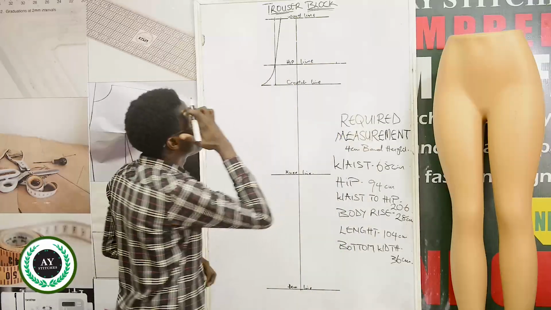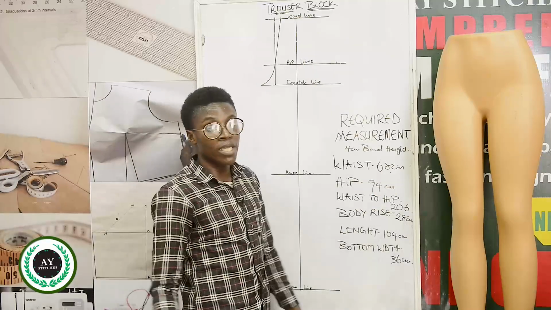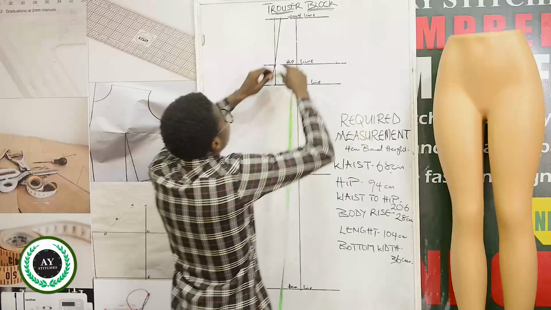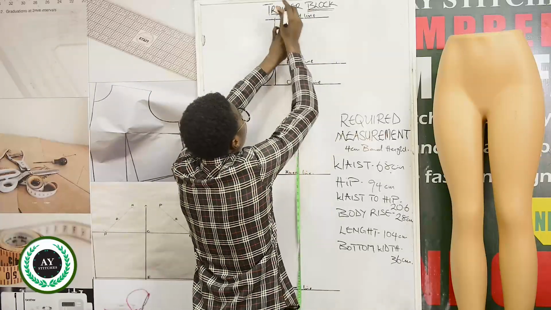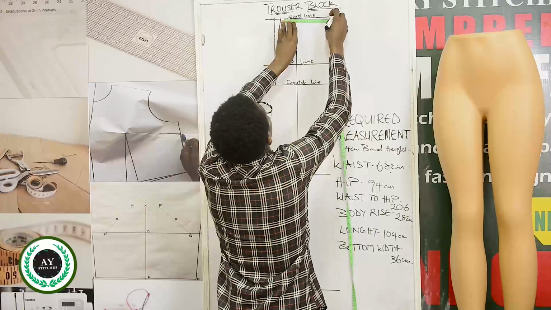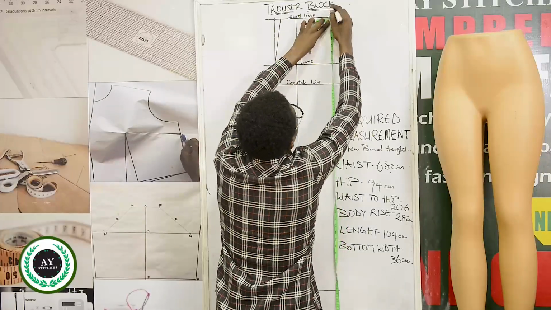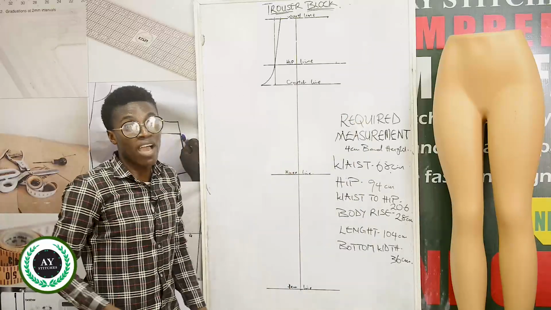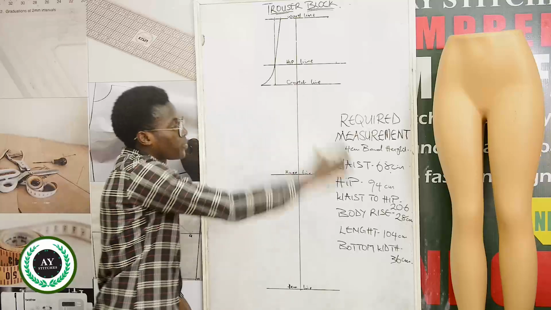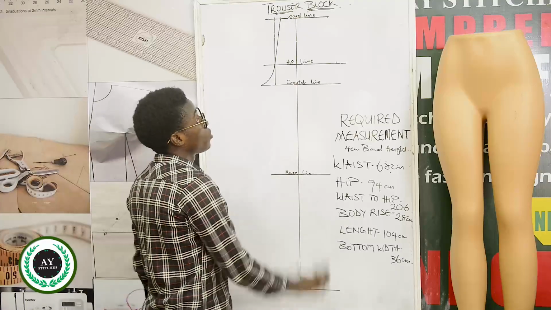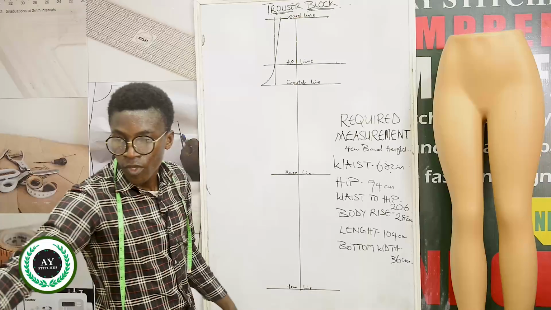So that's my 22 centimeter. Your 68 centimeter, which is your waist measurement, divided by 4. So we have 17 centimeters. So you're going to be taking it from the 2 centimeter you took in. Then we have what? The waist point, the hip point. So now, moving on, what we need to do now is to connect the waist to the hip using the hip curve.